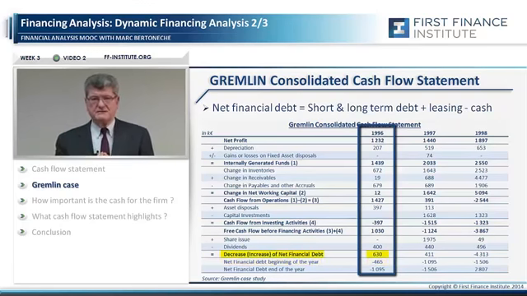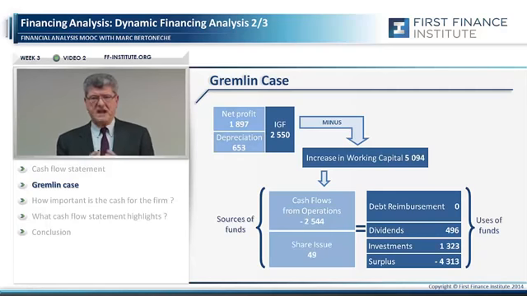Finally, let's look at 1998. In 1998, net profit is 1,897, to which we add the depreciation of 653. And this is giving us an internally generated fund, an ability to self-finance itself, of 2,550.